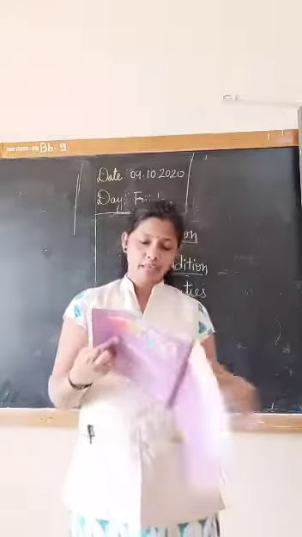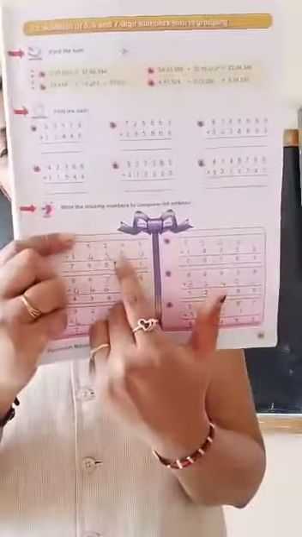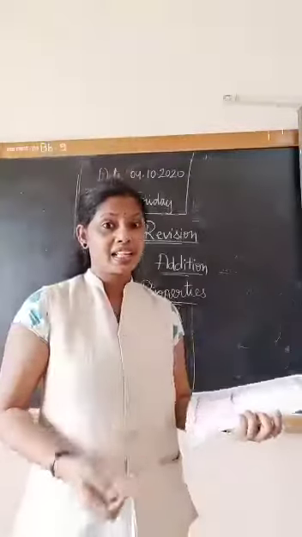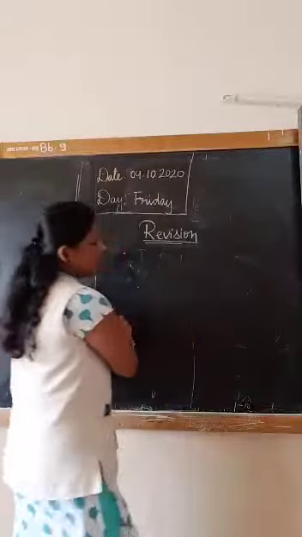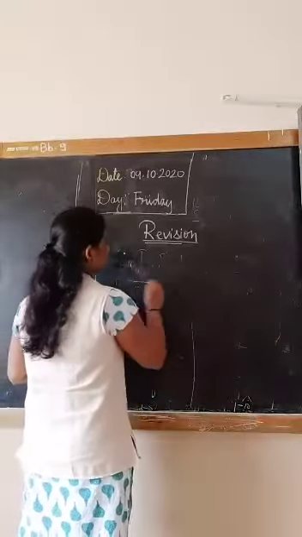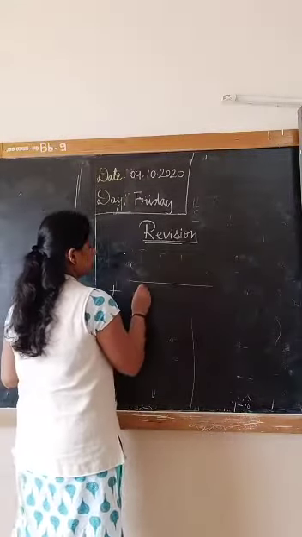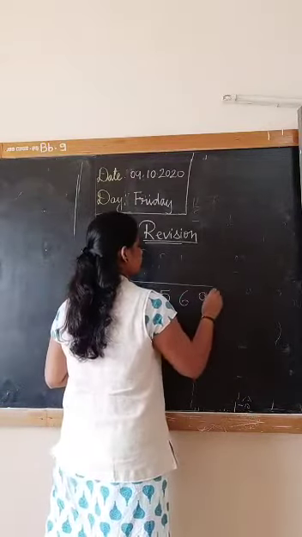One more thing I want to explain. Children, do you remember about writing the missing number? I had explained to you. Sometimes missing numbers will be given in this chapter. Like for example, dash plus 45,694.